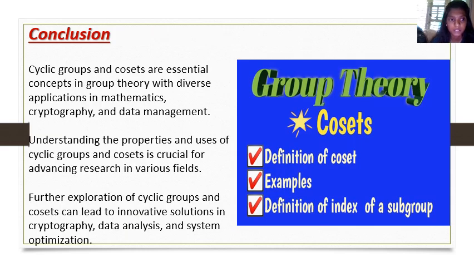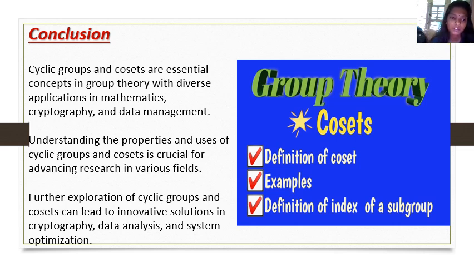The next is the conclusion. Cyclic groups and cosets are essential concepts in group theory, with diverse applications in mathematics, cryptography, and data management. Understanding the properties and uses of cyclic groups and cosets is crucial for advancing research in various fields.